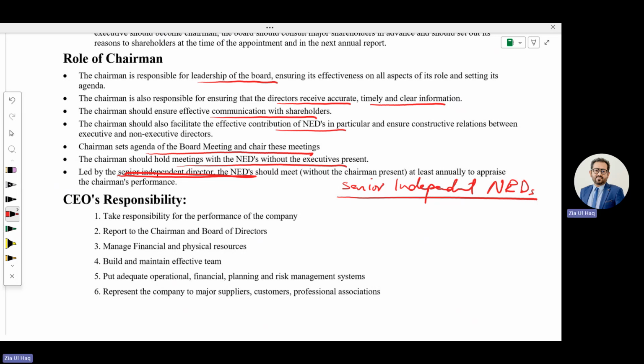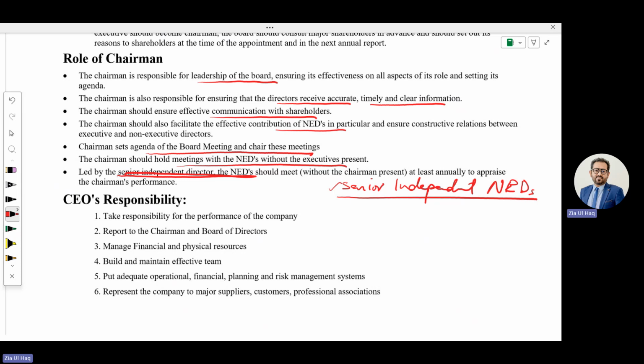But in a company, there should be a full-time senior independent non-executive director who should remain in the company all the time for shareholders. So the chairman should ensure there is a senior independent non-executive director full-time available in the company for shareholders. And if the company cannot afford his cost, normally the chairman also works as a senior independent non-executive director as well, being a leader of non-executive directors.